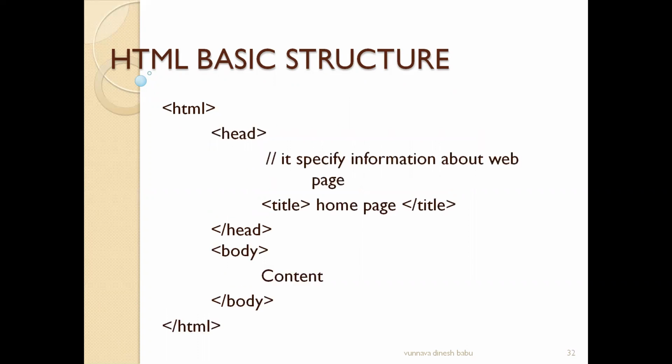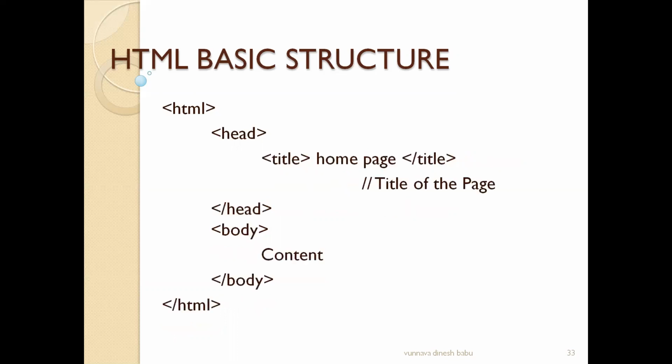And then the head tag, which is under the HTML, is used to specify some information about the web page. For each and every web page, there will be some information. In order to specify such information regarding the web page, we need this head tag and then the title tag.